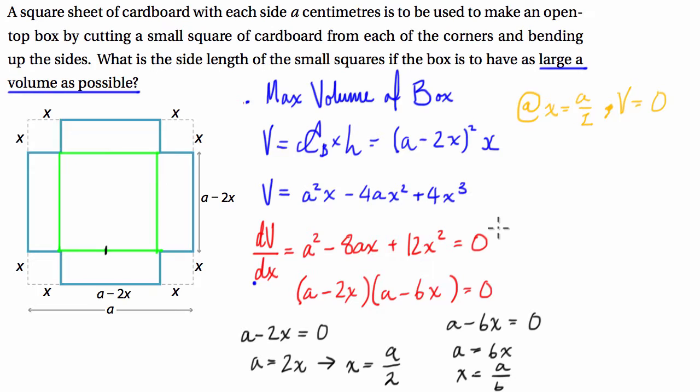So as a result, the only other critical point we have is a over 6. So that must be our maximum. So we can say, therefore, max volume occurs when x is equal to a on 6.